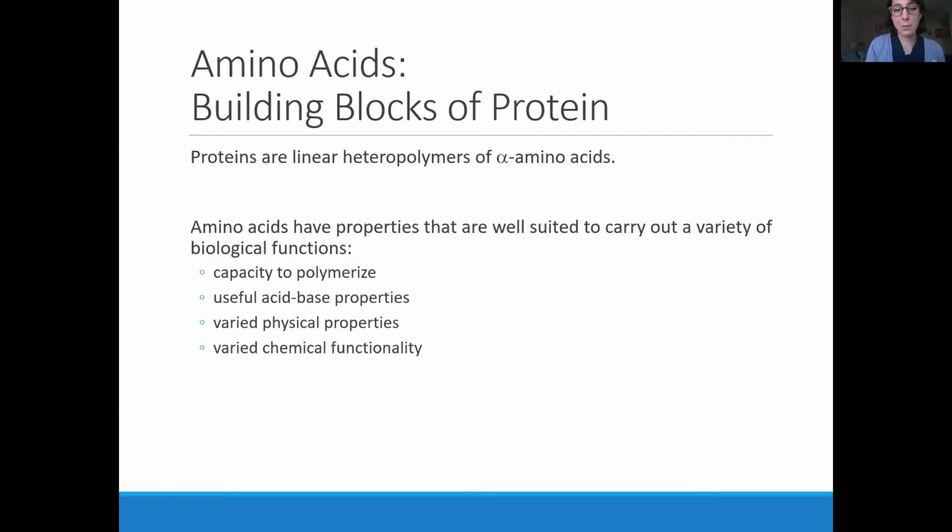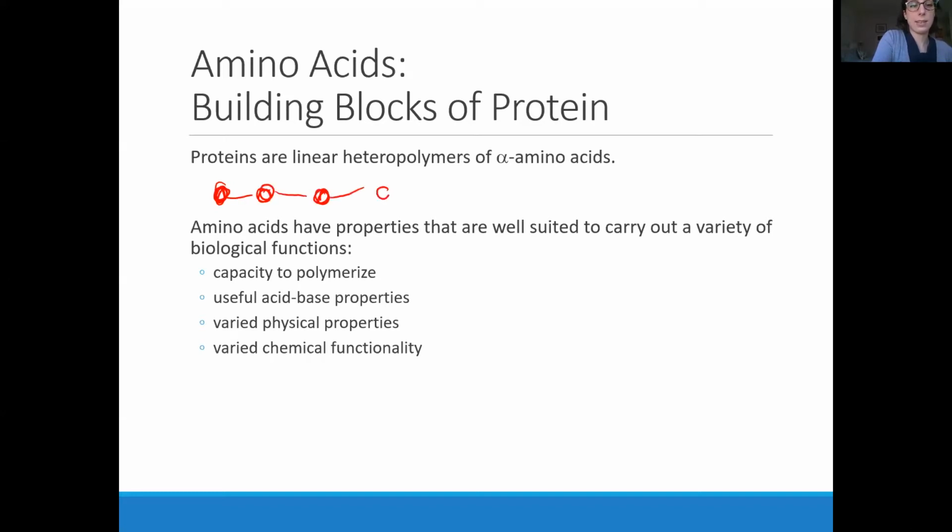So breaking down that word, it's a polymer. Remember, polymer is just a string of building blocks, the same monomer, the same building block connected together. And this particular one is linear, meaning there's no branching. It's just amino acids in a row connected together.